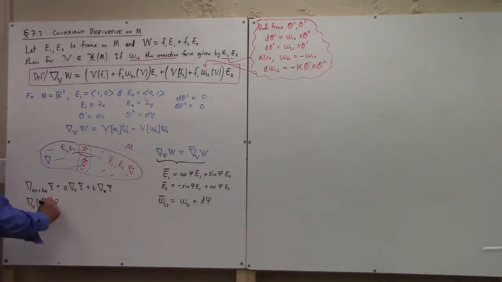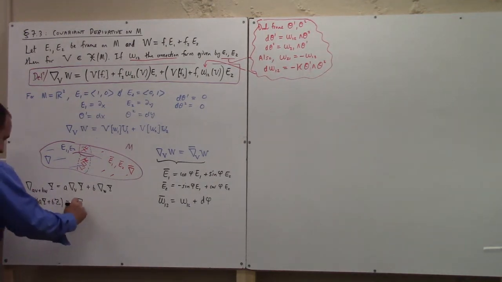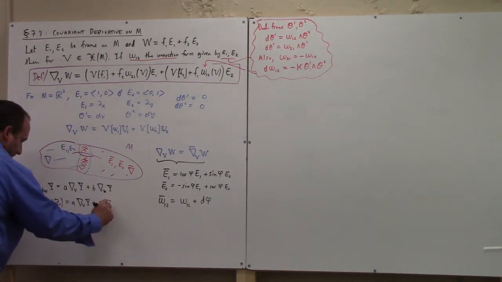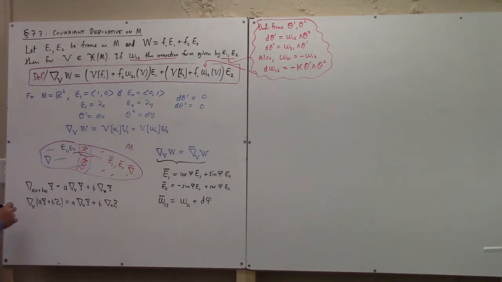The covariant derivative of V acting on AY plus BZ is A times the covariant derivative of V acting on Y plus B times the covariant derivative of V acting on Z. That's still a V. So here A and B are constants, although I think you could elevate these to functions on the first one.